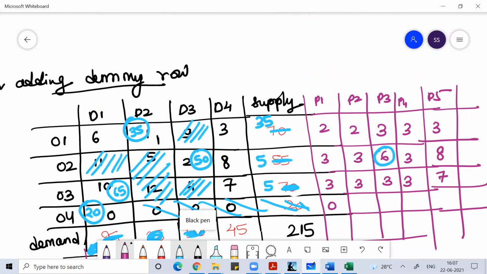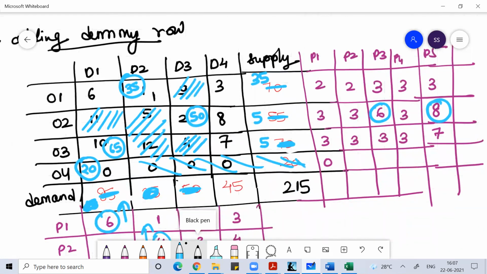The largest one is 8, sorry. So if it is 8, you can put 5 here, right? So this will become 40. And then you can put 5 here, so it becomes 35. You can put 35 here. So your allocation will be done. Clear, everyone? Then we'll check the degeneracy and other things.